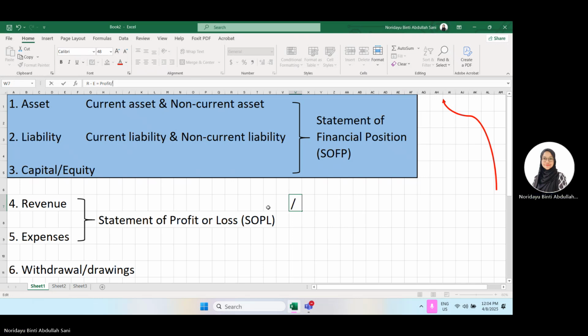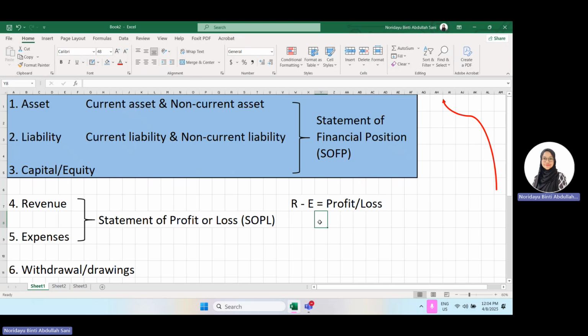If you have a positive result, meaning your revenue is more than expenses, you're going to have profit. Okay, the business is making profit, or some books call it income. So total revenue minus total expenses, you will get net profit or net income.